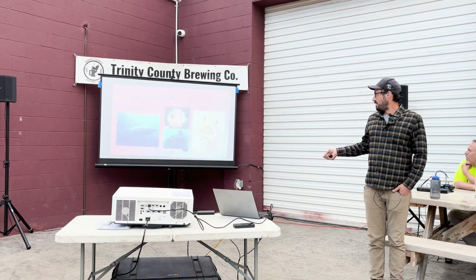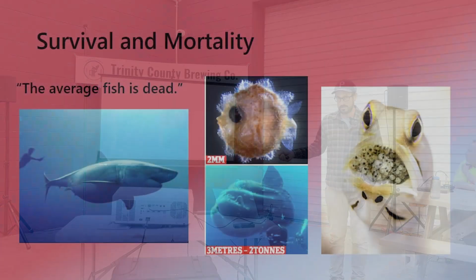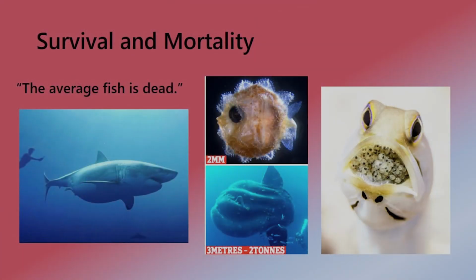On the far side, we have a mouth brooder. This is a jawfish, and he'll actually hold those eggs in his mouth until they hatch, foregoing eating during that time. And of course, we all know the story of salmon, our focal species tonight, who make that migration from the ocean to the natal streams to spawn and die and give their offspring the best chance of survival.